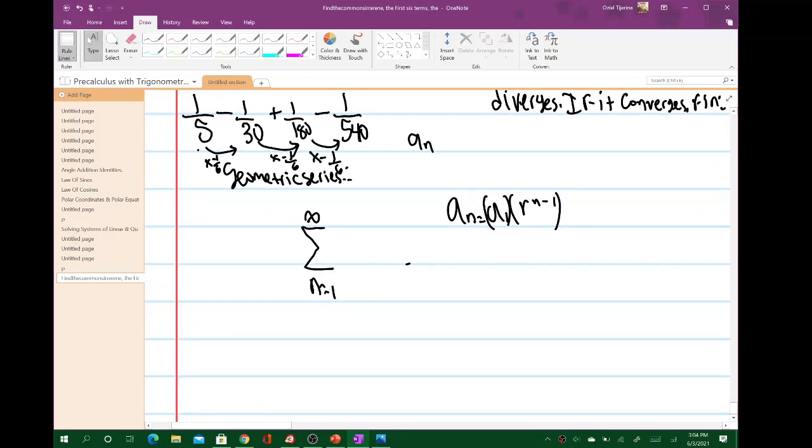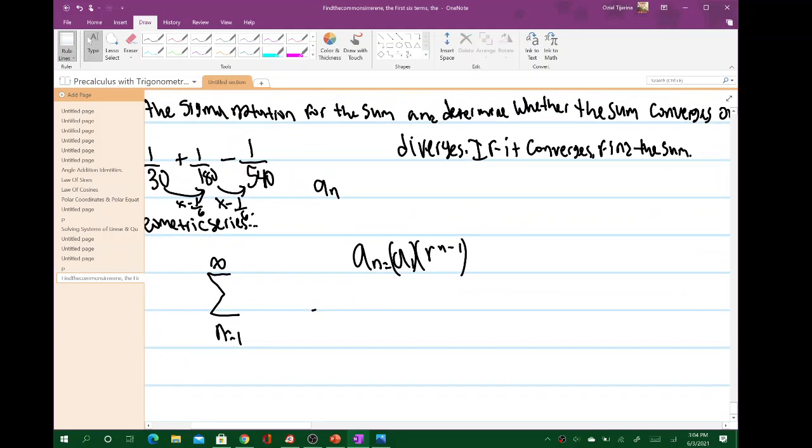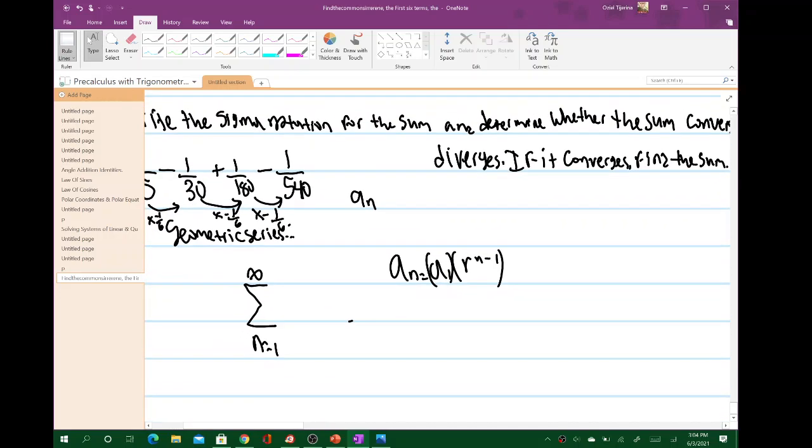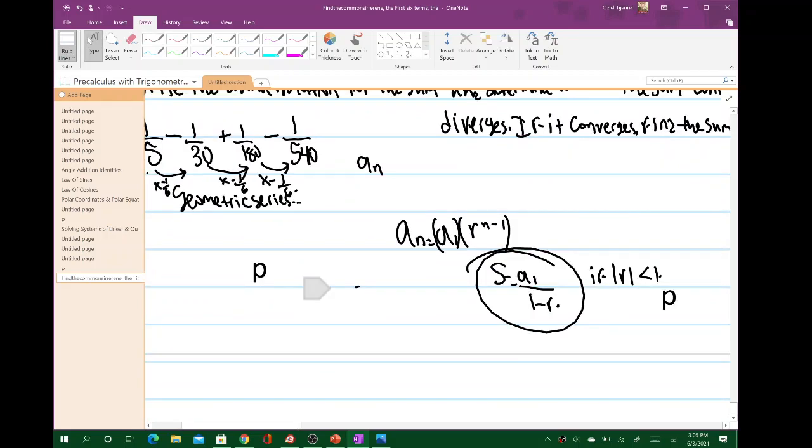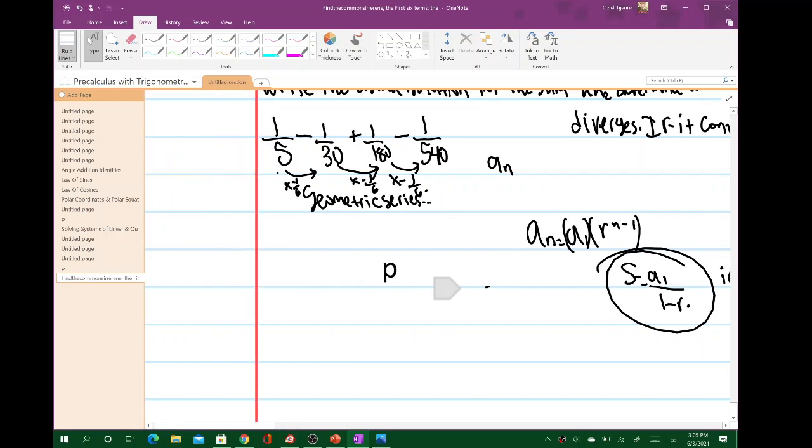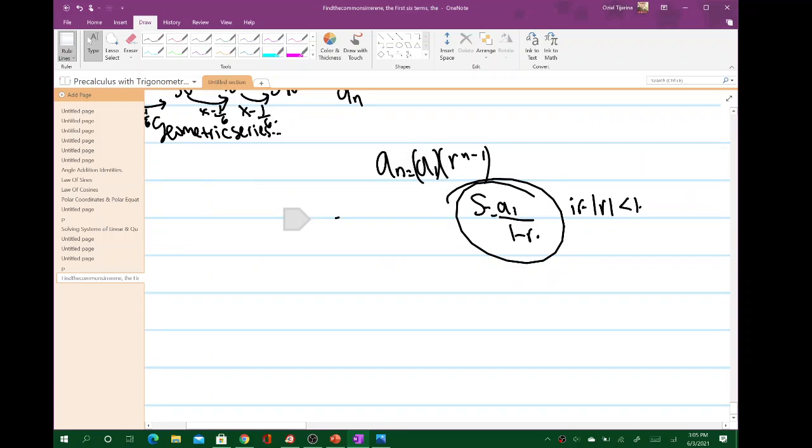That's what we're going to find. Again, I said earlier in this video, if the absolute value of r is less than 1, the series converges to a sub 1 over 1 minus r. In order to find the sigma notation, we have to know what a sub n is. Now let's go ahead and find a sub n.